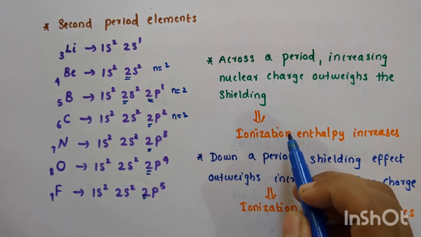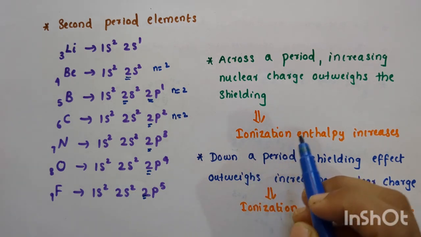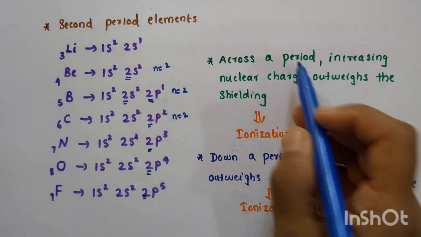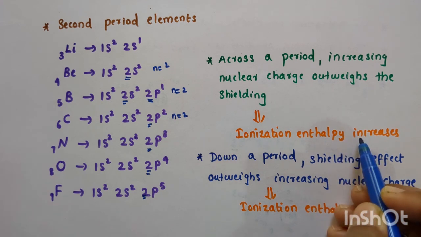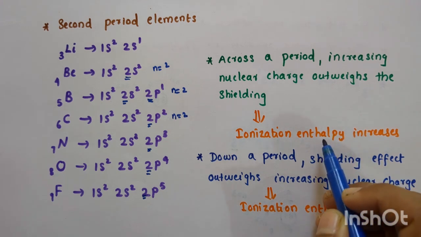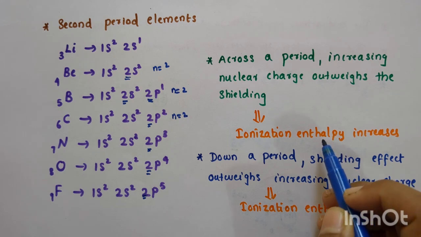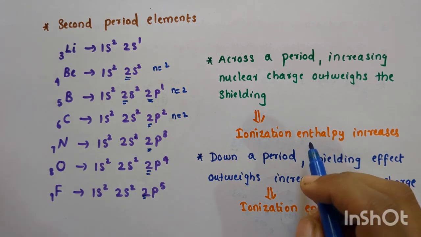Ionization enthalpy is the minimum energy required to remove an electron from a neutral atom or molecule in its ground state. Across a period, ionization enthalpy increases, meaning more energy is required to remove an electron.